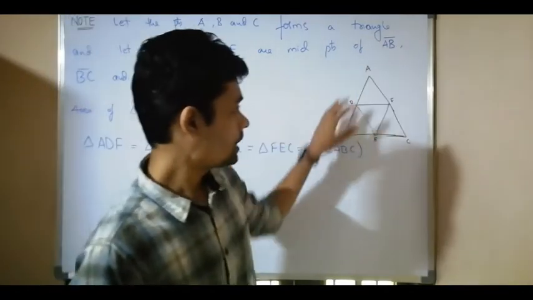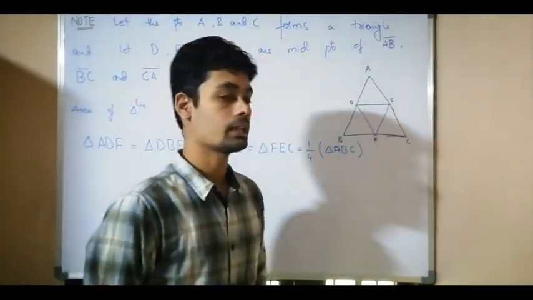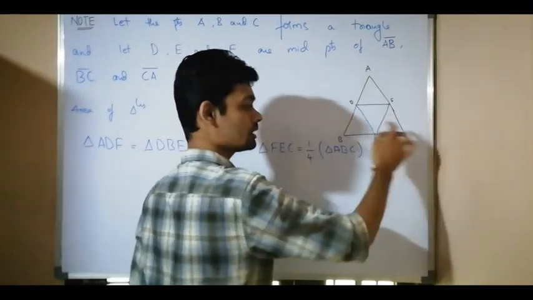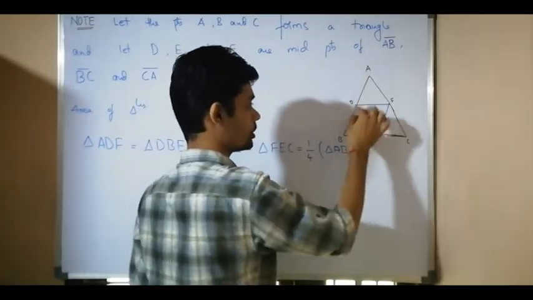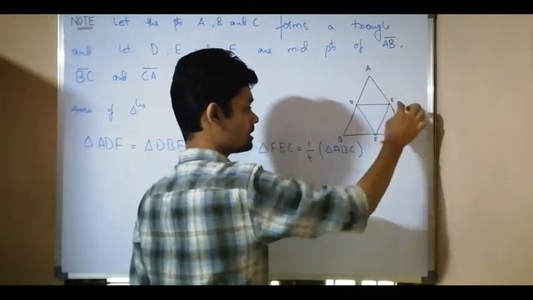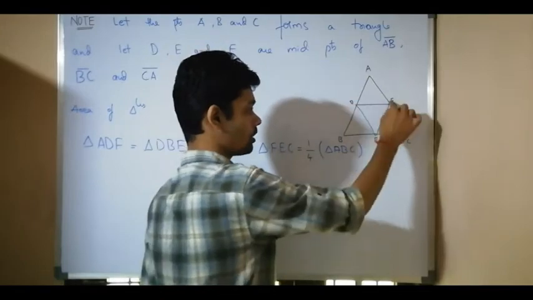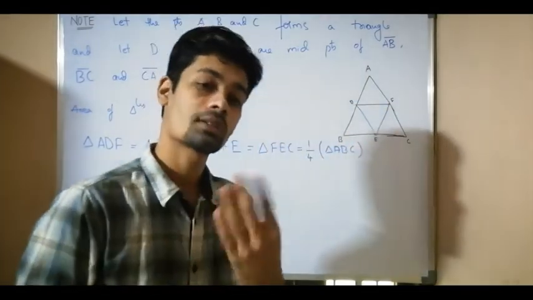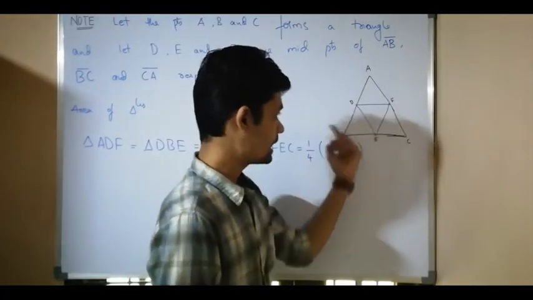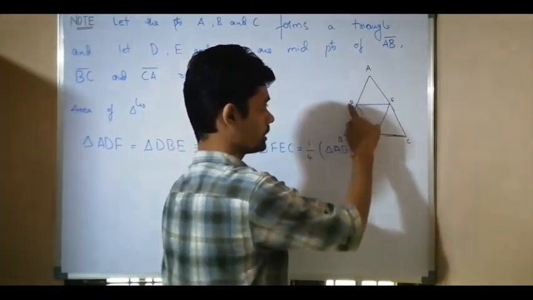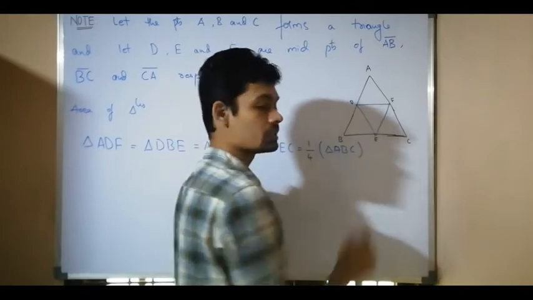I am going to take a triangle ABC. Now I am going to take the midpoints of all the three sides. Midpoint of AB is D, midpoint of AC is F, midpoint of BC is E. Now we got four sub-triangles of the main triangle ABC, that is ADF, DBE, DFE and FEC.